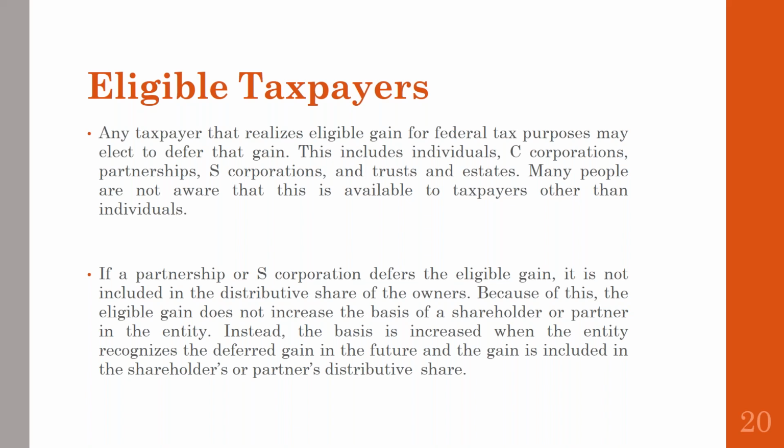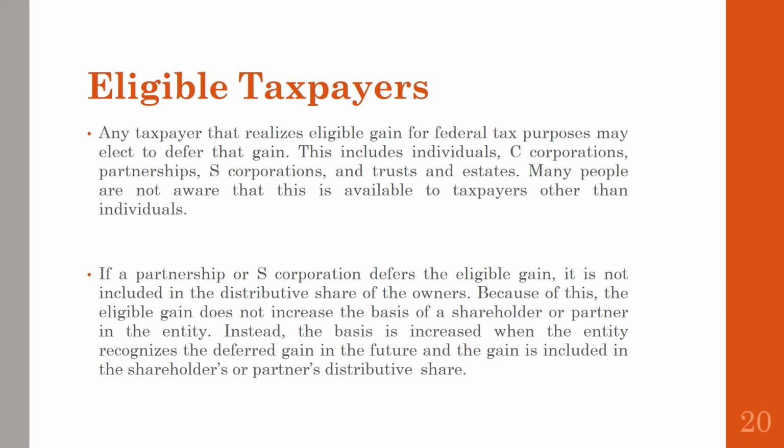As far as partnership and S corporation goes, and this just goes towards the basis aspect for anyone that's interested in this technicality: because the eligible gain is deferred, it's not included in the distributive share of the owners. Typically, your gain in a pass-through entity like a partnership or an S corp is included in the distributive share of the owners.